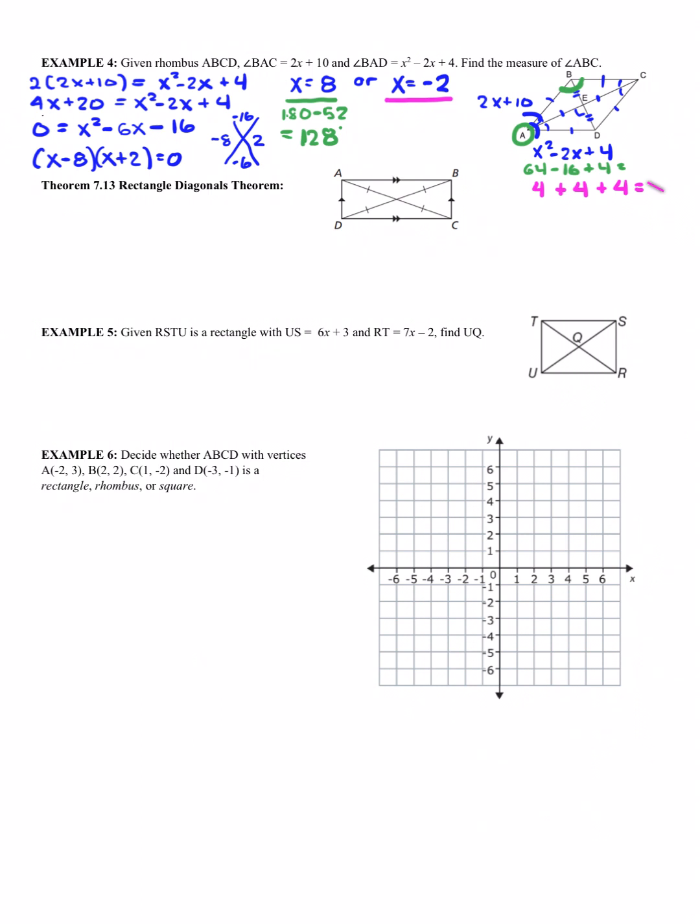And so then we get 180 minus 12, which is 168. So remember, you still have all the properties of a parallelogram. They didn't give me anything about the measure of ABC. I had to use the measure of angle A, the whole angle, and then angle B is the supplement, because the consecutive angles are supplementary.